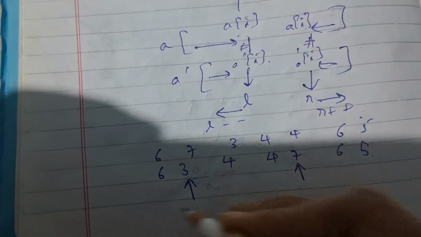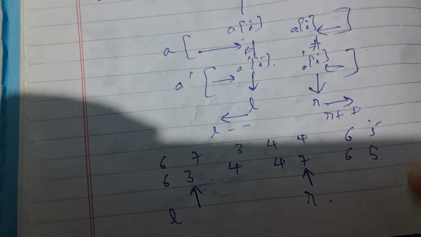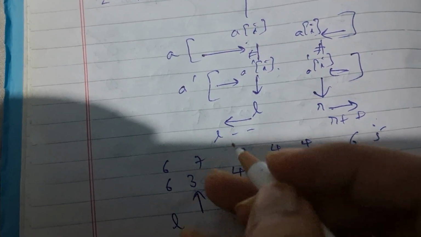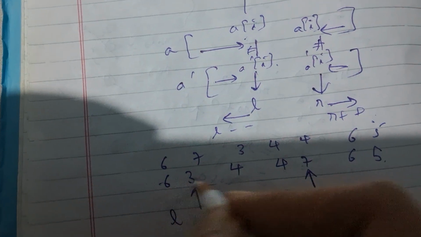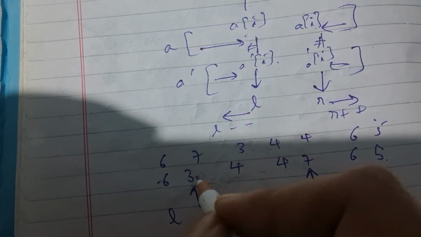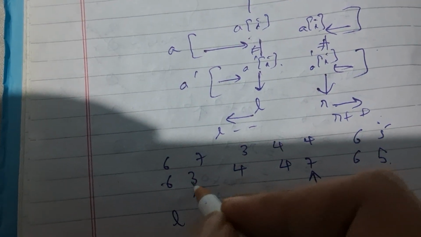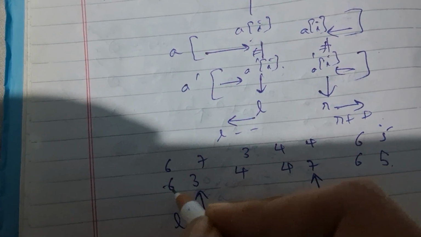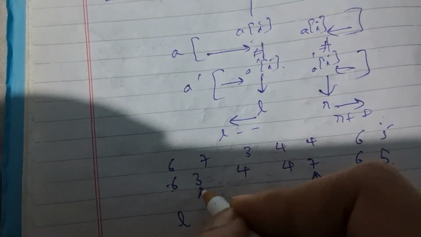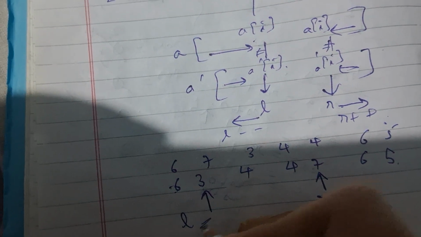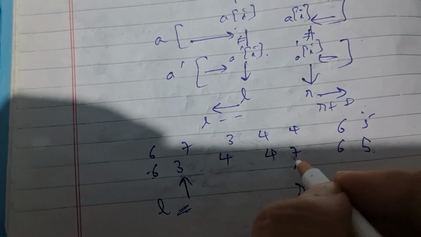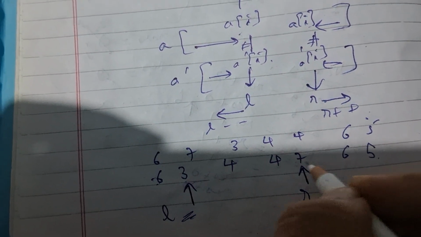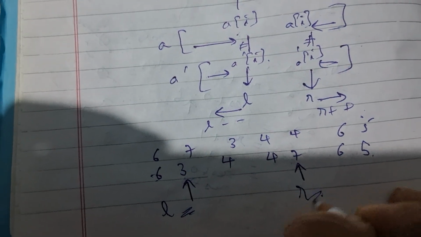This, right? So this is L and this is R. Very simple. Now check towards the left. Is 6 lesser than or equal to 3? No, it's not, so we have to stay at this position. And also over here, is 6 greater than or equal to 7? It is not, so we have to stay at this position.